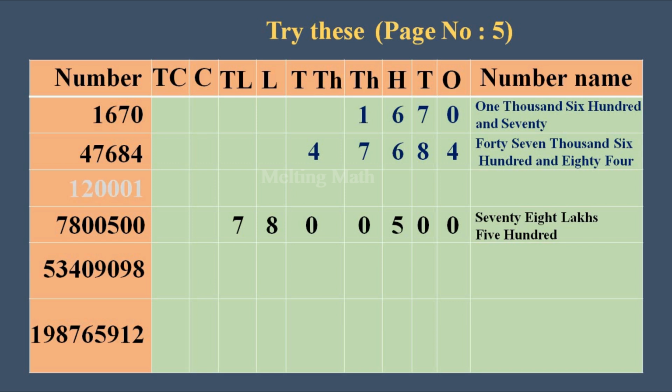Next see the another number, 120001. We know the last digit 1 is in the ones place. Next 0 is in tens. Next 0 hundreds. Next 0 thousands. Next 2 is in 10,000 place. Next 1 is in the lakh place. Okay, so now read it. Here in the lakh place 1 is there, so just write 1 lakh.